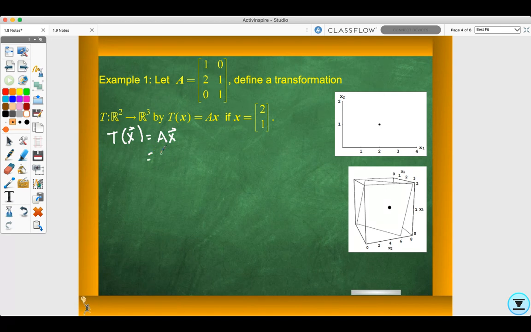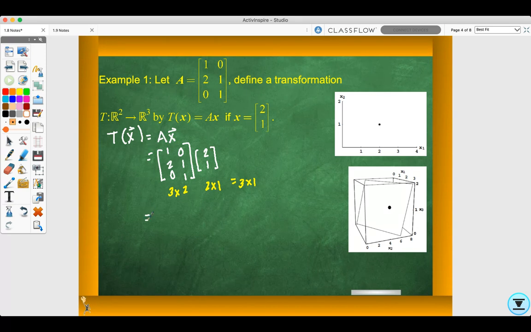And this would be A, 1, 2, 0, 0, 1, 1, times X, which is 2, 1. And just remember from when you first learned about matrices, this is a 3 by 2, and this is a 2 by 1. So our final matrix will be a 3 by 1 when we multiply this.